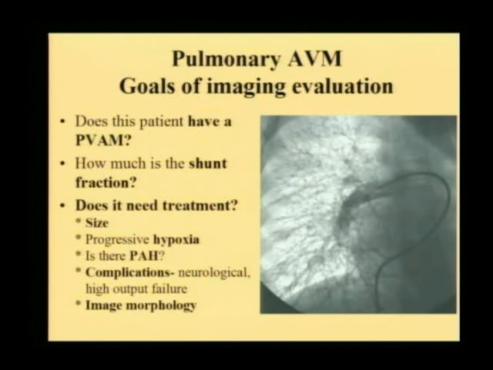Is there associated pulmonary arterial hypertension in the setting of pulmonary arteriovenous malformation? This is an important factor because this prognosticates the outcome of treatment, whether embolization or surgery. We will address this shortly. Malformations which have complications, whether neurological or cardiac in terms of high output failure, should be treated. And lastly, malformations of a suitable image morphology can be treated either by surgery or by endovascular means.